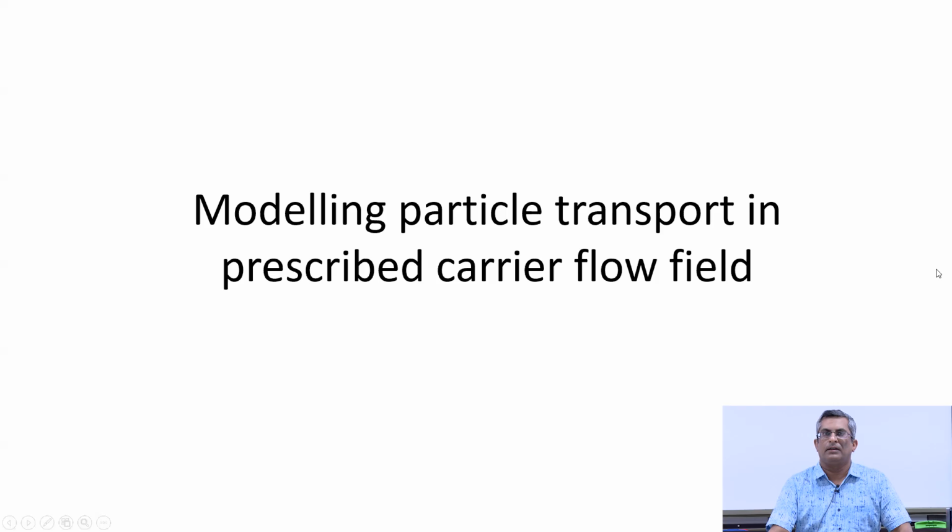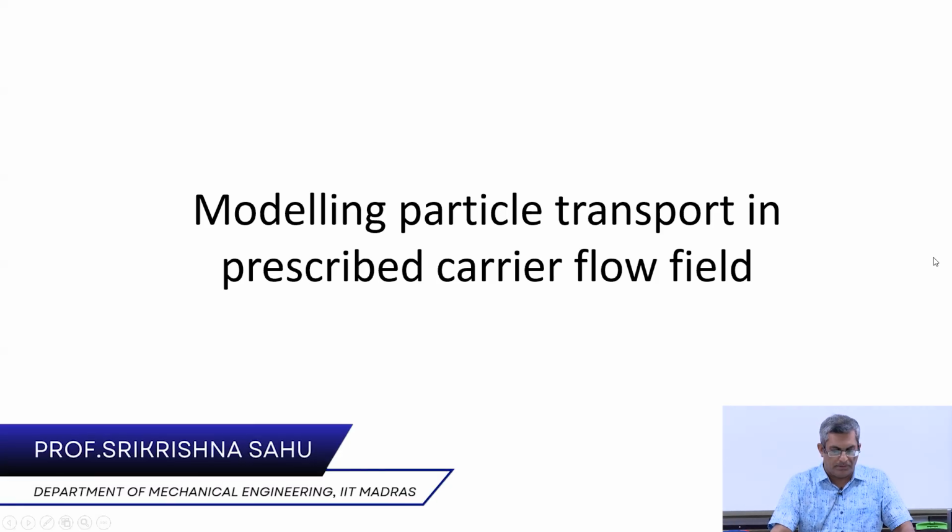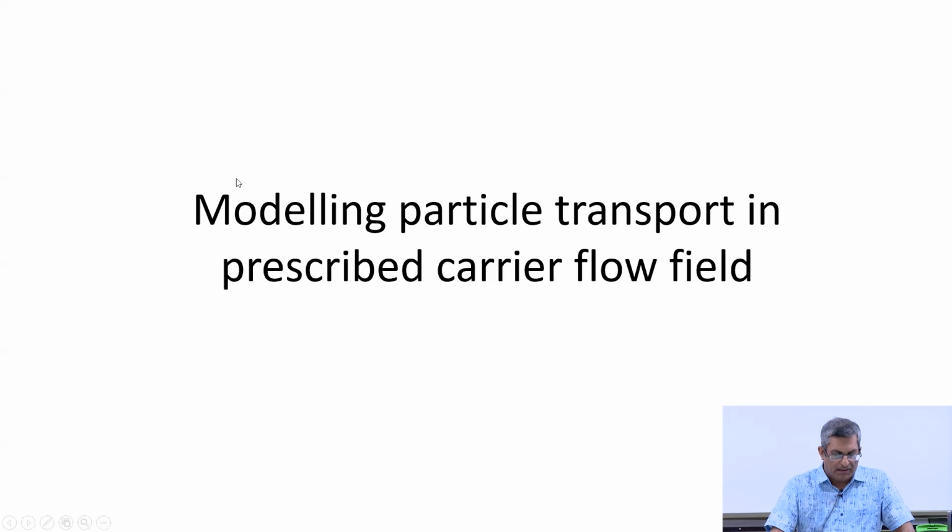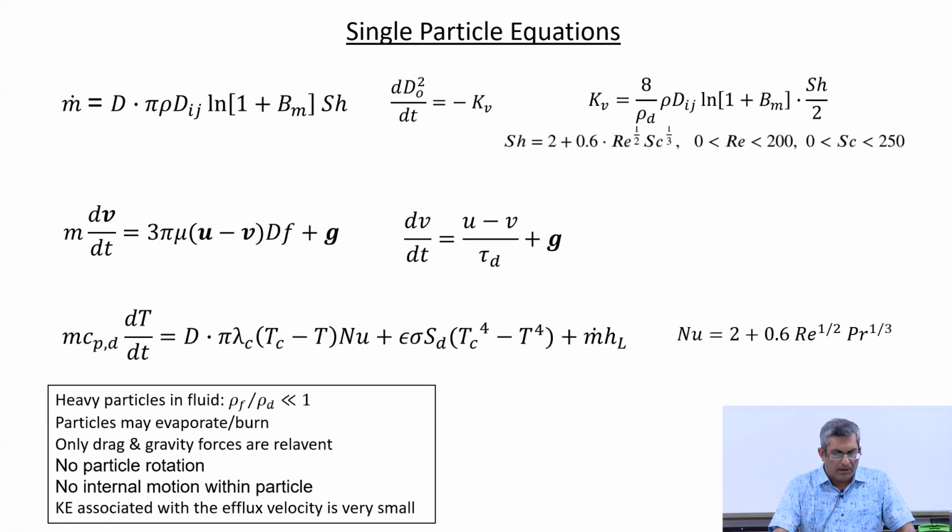So, a quick recap of what we discussed in the last class. We started discussing modeling particle transport in prescribed carrier phase flows. In this case, we solved basically the single particle equations when the flow properties of the carrier phase are known.